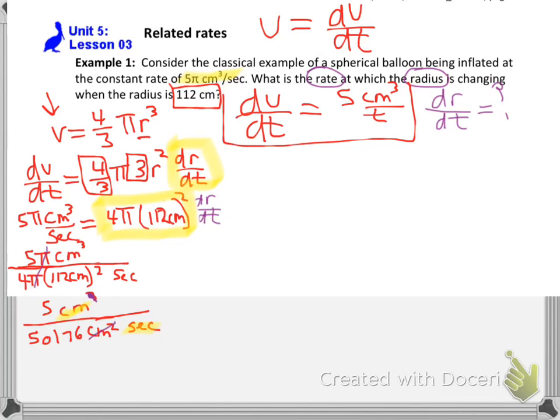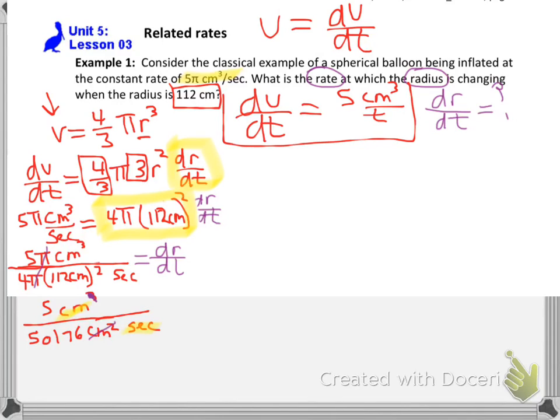So I'll spare you the details, but ultimately, what did we solve for? We solved for dr/dt, right? So dr/dt, I think I did it in purple.